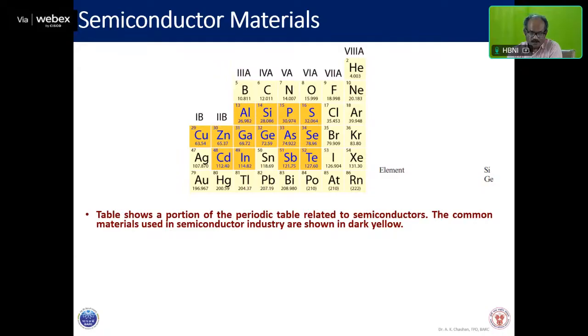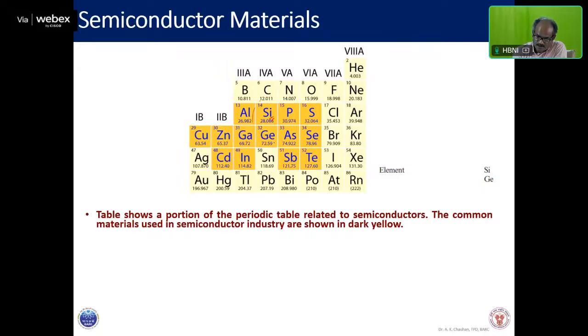Now if we look at different semiconductor materials, this table shows the periodic table where semiconductors can be seen. In dark yellow we have shown certain materials which are used in the semiconductor industry.